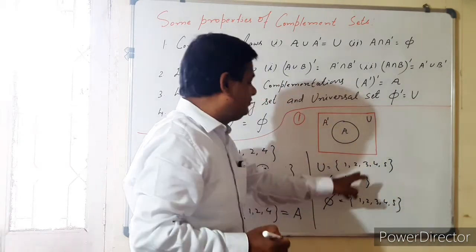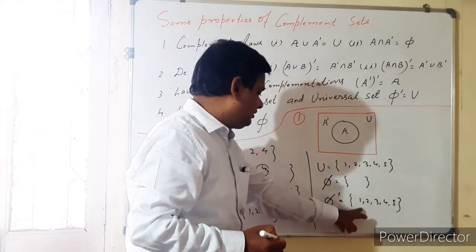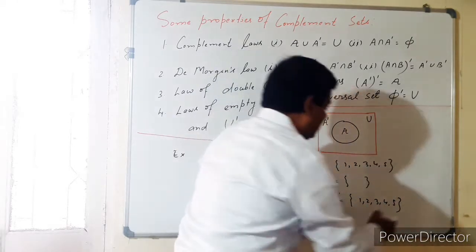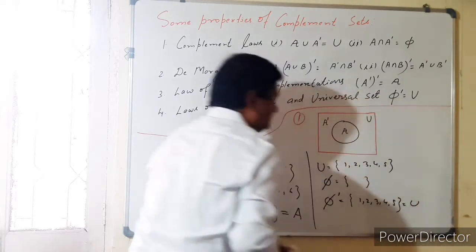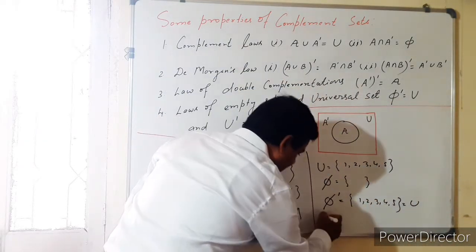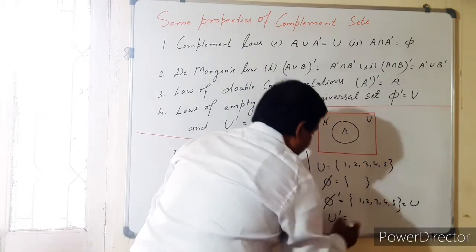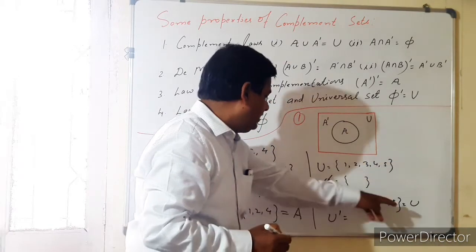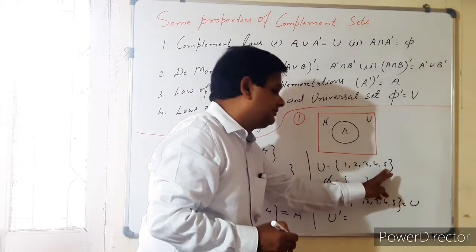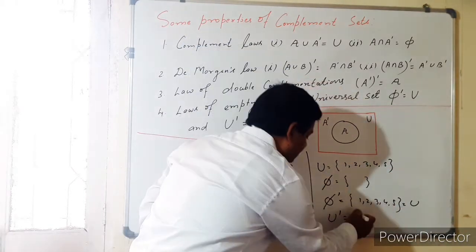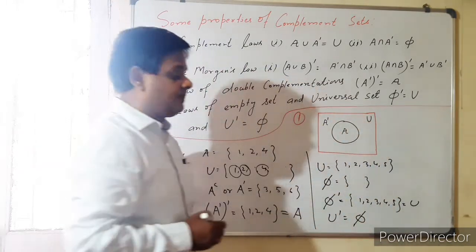No element is removed from the universal set, so you will get 1, 2, 3, 4, 5, and that is equal to U. Now if you take the universal set U and its complement, when you remove all these elements from the universal set, you will get the null set, equal to phi.